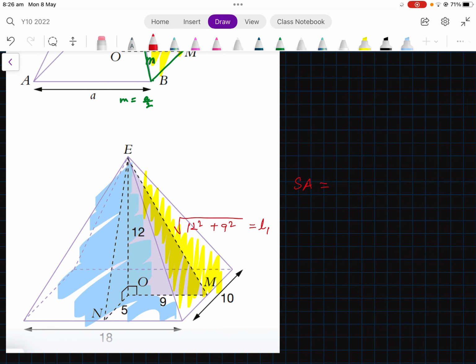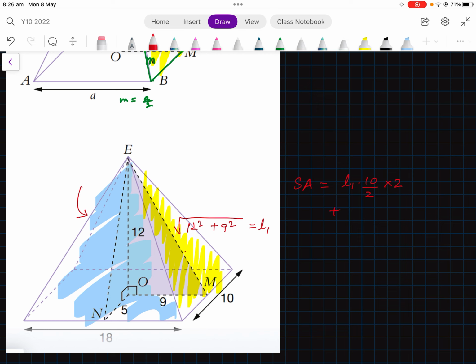The area of this yellow face is L1 into 10 divided by 2, and we have 2 such faces, so it becomes 2, correct? One on this side, one on this side. Let's add that with the blue area.